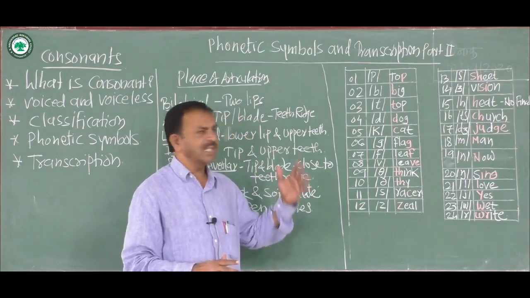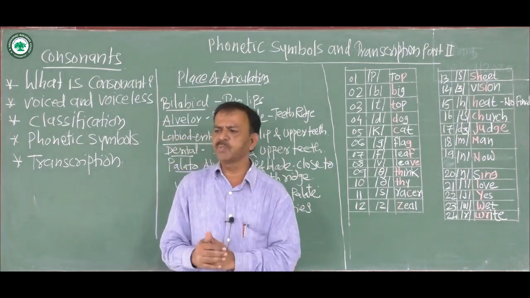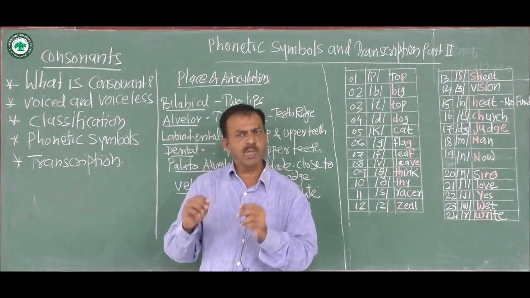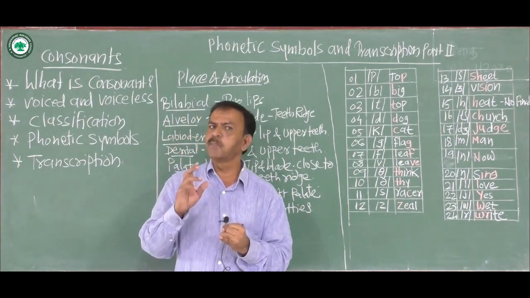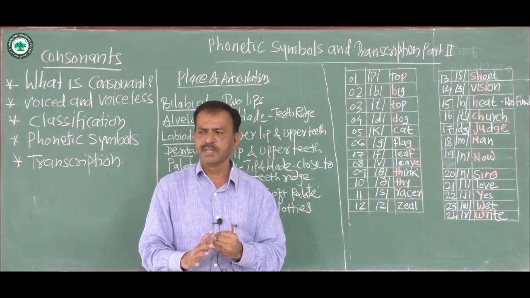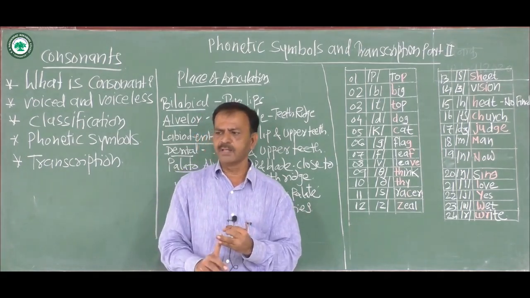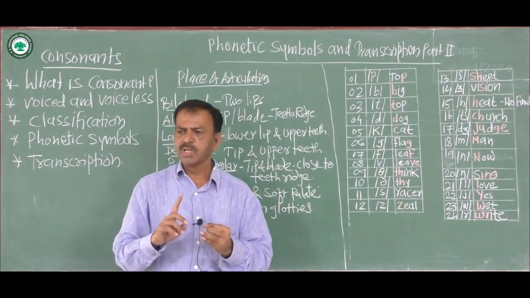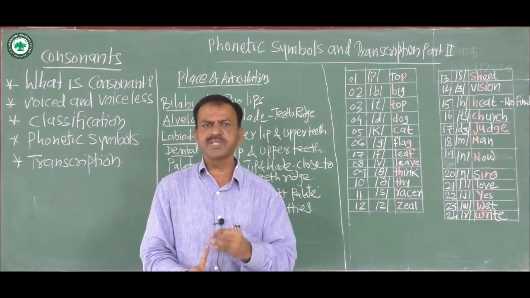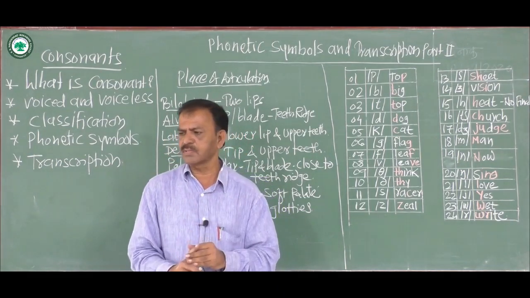As far as the manner of articulation is concerned, out of these 24, 6 are just the plosive sounds. Then 9 are the fricative sounds. There are 2 sounds which are affricate sounds.